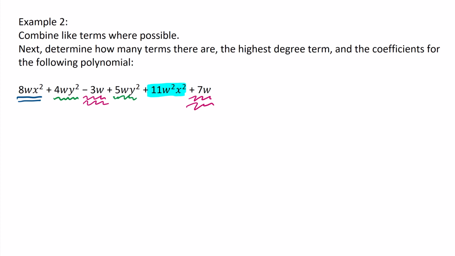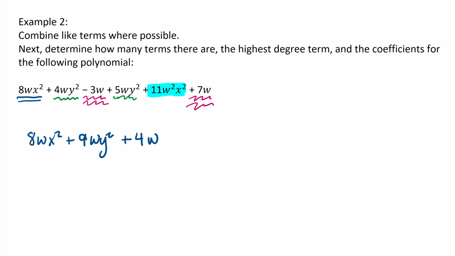So if I combine like terms, we still have the 8wx squared. If we add 4 and 5wy squared, we get 9wy squared. If we combine the negative 3w and the positive 7w, that gives us positive 4w.